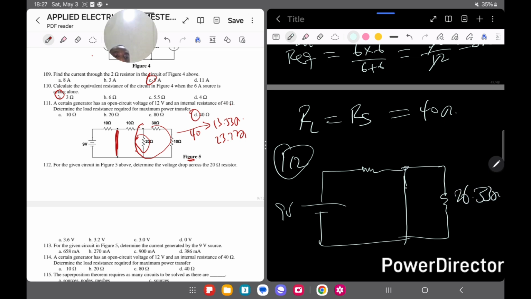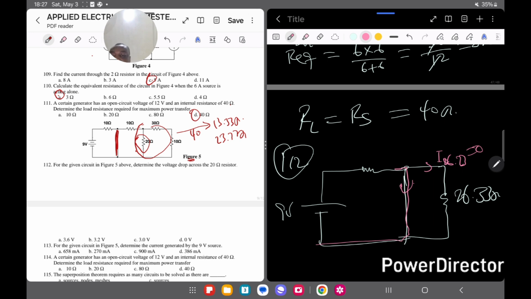But because this is a wire and it's in parallel with this 26, all the current is going to pass through the wire. So no current will pass through this. Because of that, we say the current here is going to be 0. The current which is going to pass through this part here is 0, and all the current will pass through the wire because it has a lower resistance.